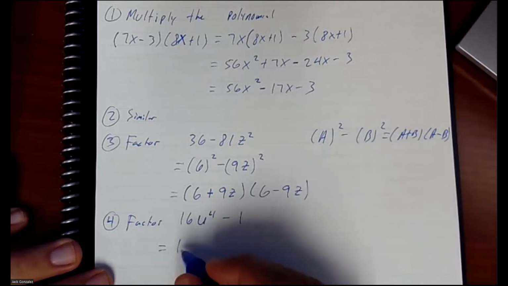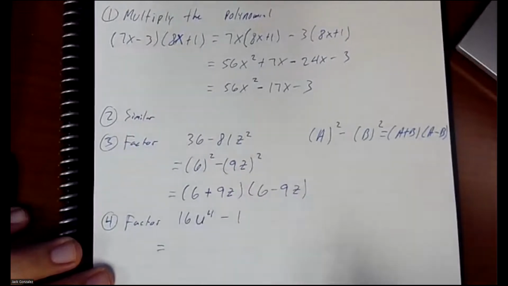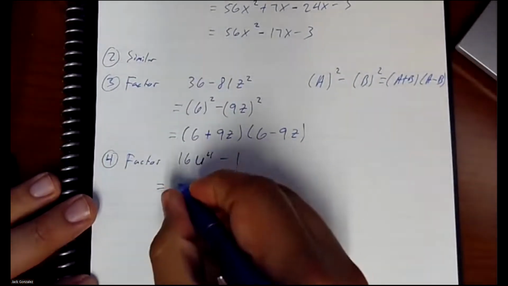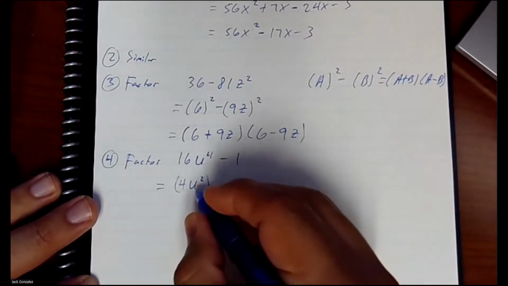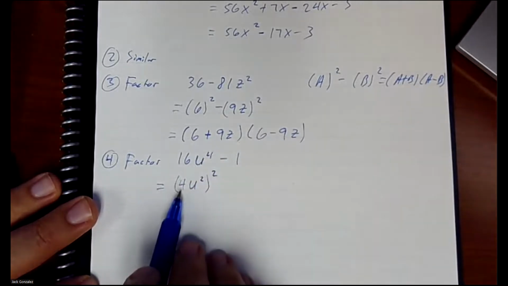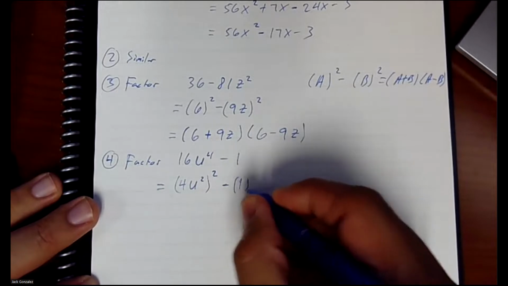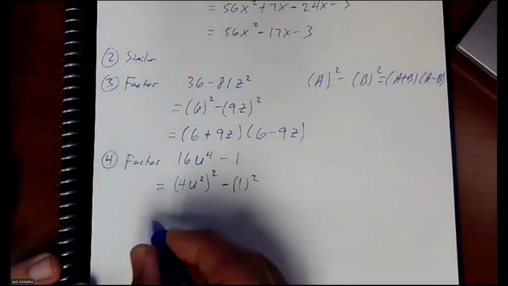So rewrite this guy as 4u squared, because u squared squared is the same as u to the 4th, right? 4 squared is the same as 16. That first step, okay? Yes. Okay.